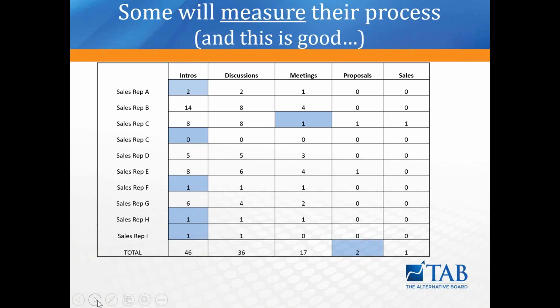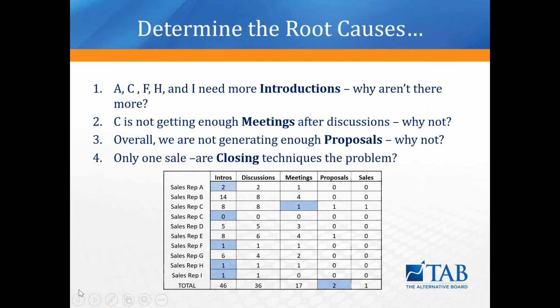A discussion, by the way, might be a telephone call to arrange for a face-to-face meeting, the number of proposals that are delivered, and of course their actual sales, both in dollars, but in this case, quantities. So hopefully some of you will notice the little blue highlighted squares that point out some observations about these metrics.